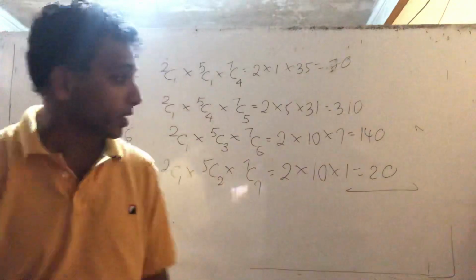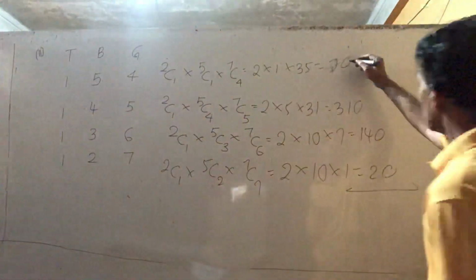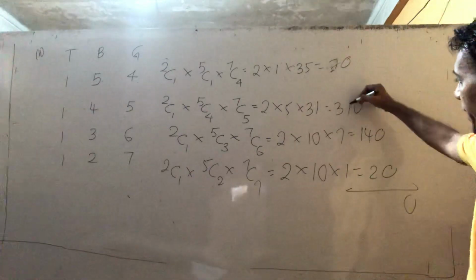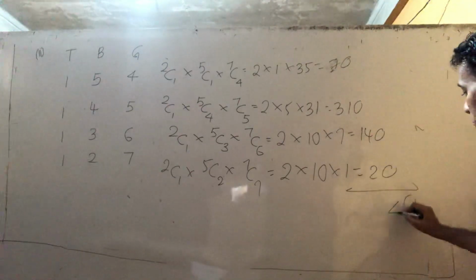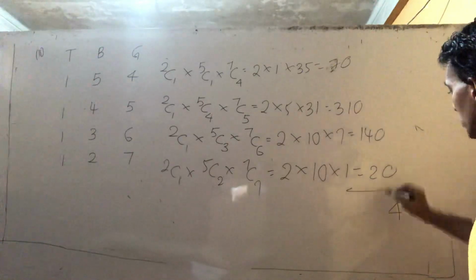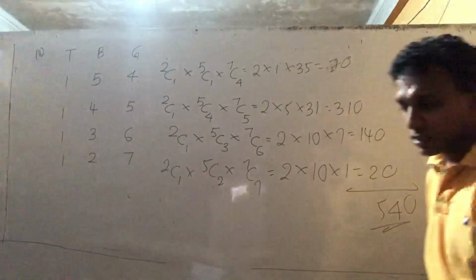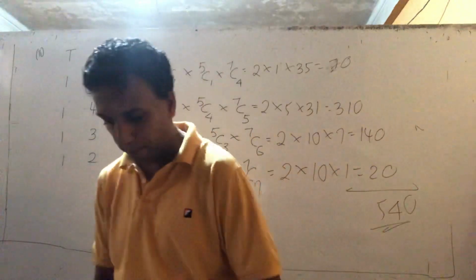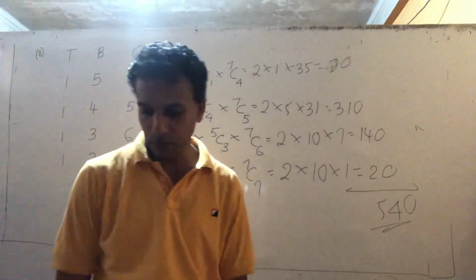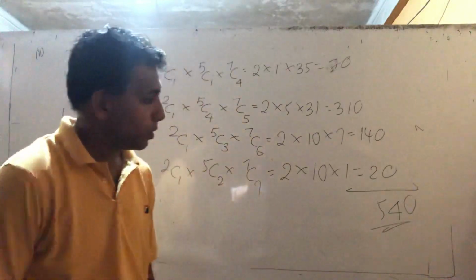So with these you have the answer. If you add them, you have the answer, I think what? The total is 540, is it? Check that, 540. Possibilities.